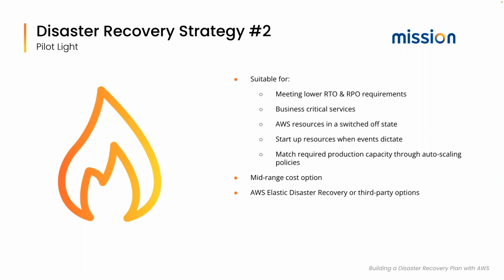Other elements such as application servers and code configuration are copied as a backup, but they are in a switched off state. Unlike the backup and restore approach, your core infrastructure is always available. That means that you always have the option to quickly provision a full scale production environment by switching on those application instances and scaling out your application servers.